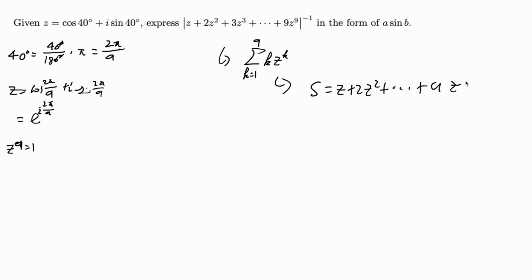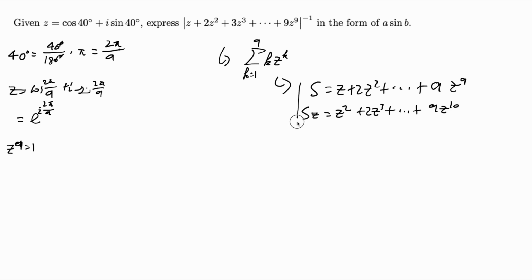Now, if you have been studying computational mathematics, one thing that is quite self-evident is to multiply z on both sides. So we have zS equals z squared plus 2z cubed plus dot dot dot plus 9z to the power of 10.